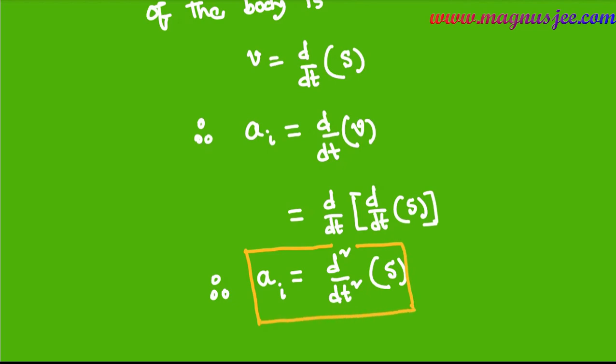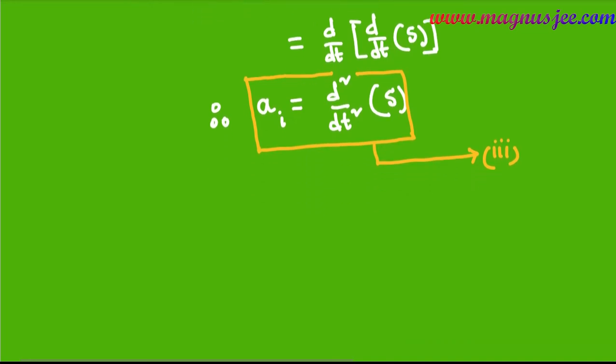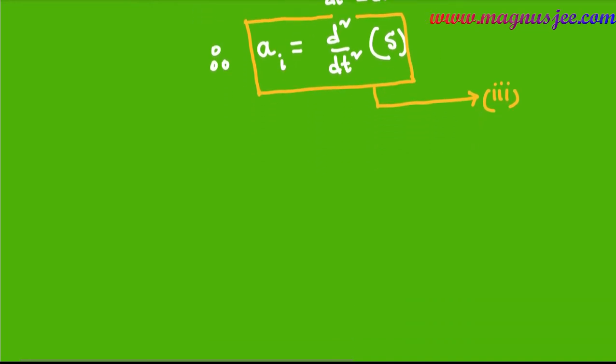AI equal d square by dt square of s means instantaneous acceleration is the second time derivative of displacement. Equation 3. So this will be the third definition of the instantaneous acceleration.